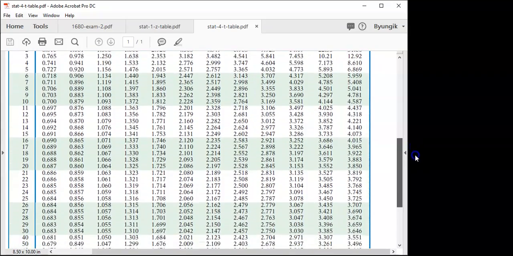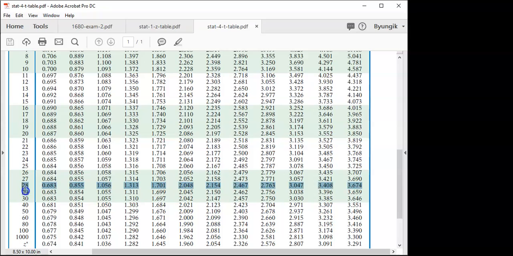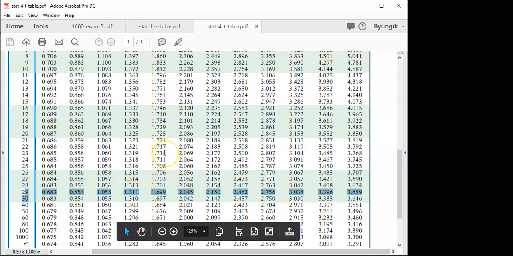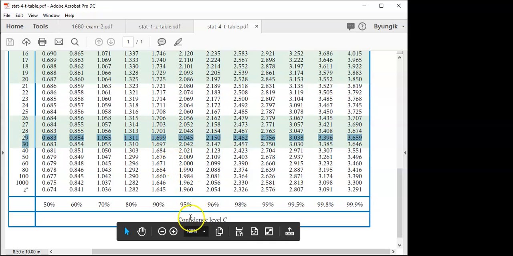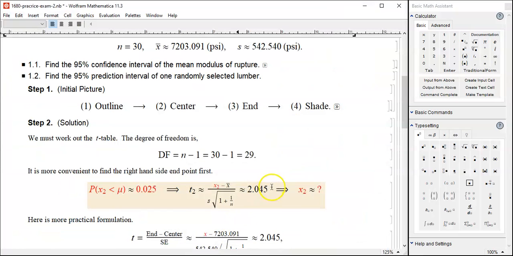So we have it here, 29. Over here. Okay, all right. And then which one of them represent 95%? Over here. So 2.045. That's the t-statistic that we are looking for, 2.045.